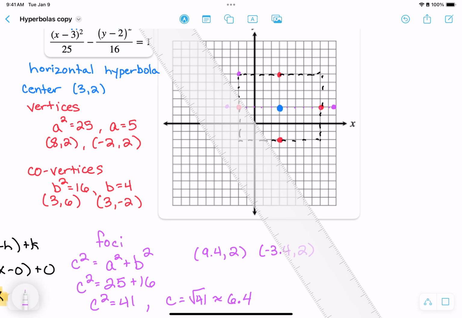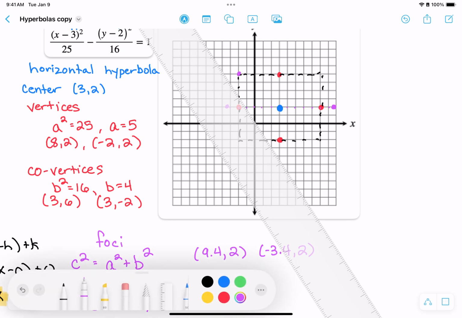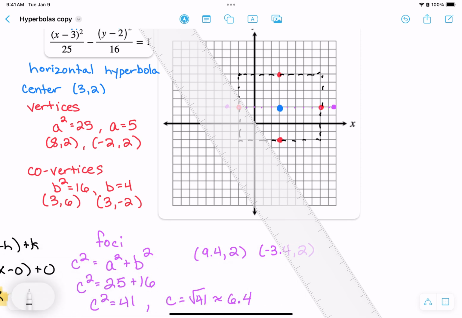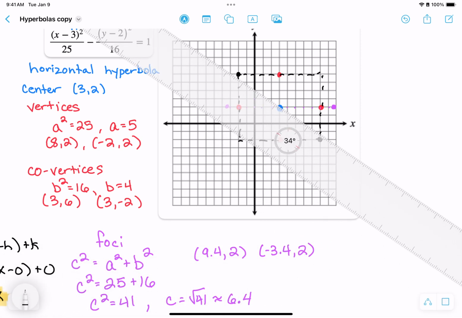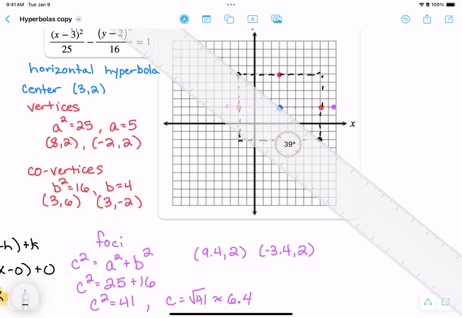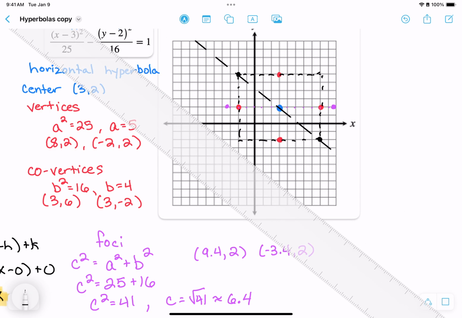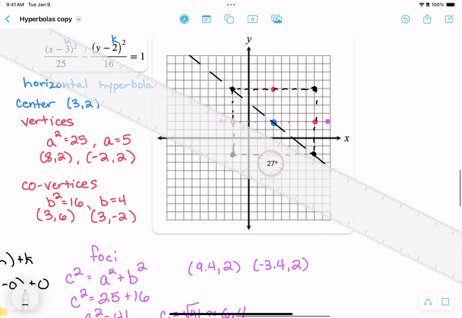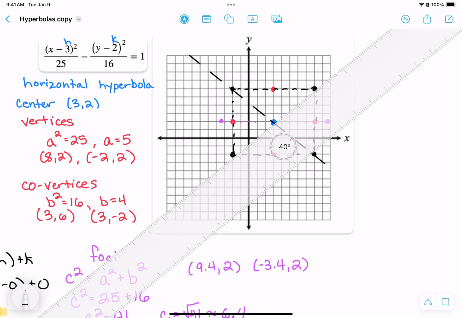Okay, let's put our asymptotes on here. Asymptotes go through the corners of our box. So from here to here. So there's one. And here's the other one.